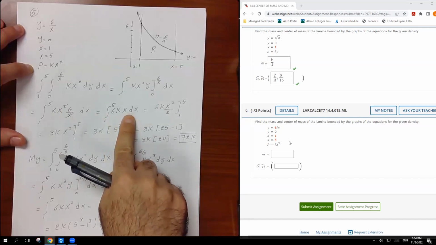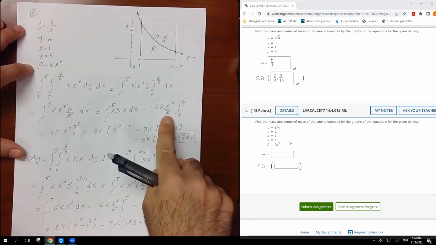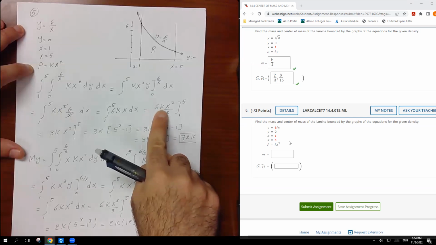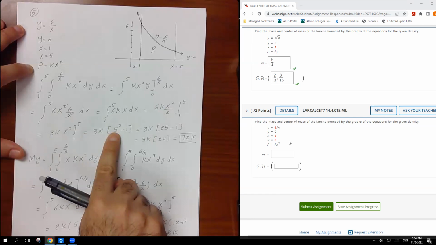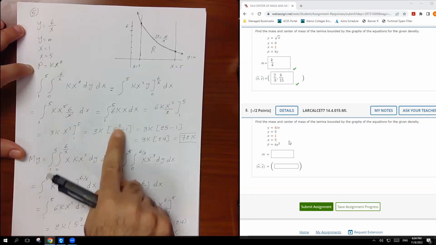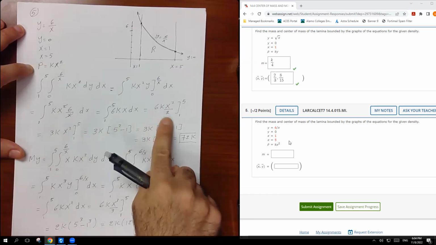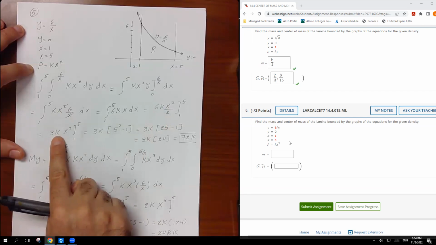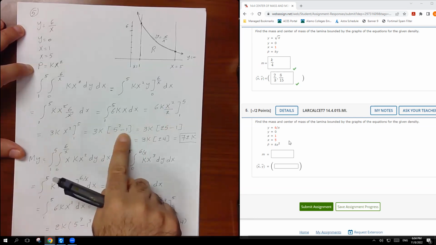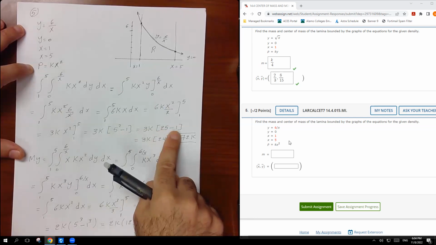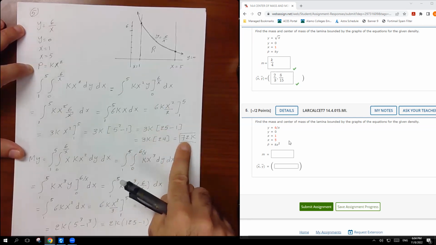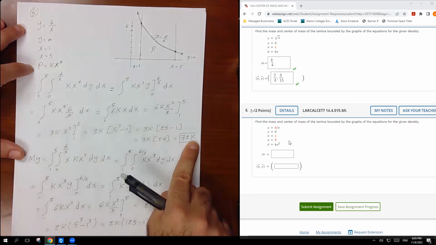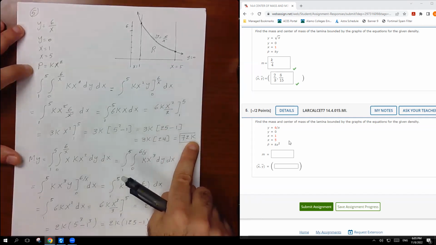Find the integral with respect to x: it's x squared over 2, and 6k is a constant. Plug in 5 squared minus 1, and 6 divided by 2 is 3k. 5 squared minus 1 is 25 minus 1, which means 3k times 24, so it's going to be 72k. So this is the mass m.